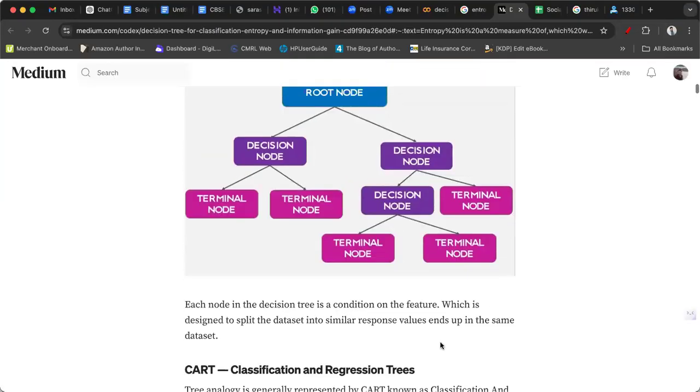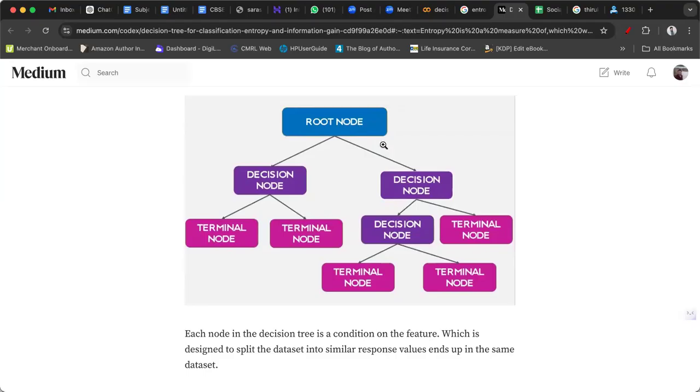If at the decision point you are getting some more points to make a decision at this level itself, the tree just stops over here. It doesn't go beyond this level. That is the point of getting the information gain.